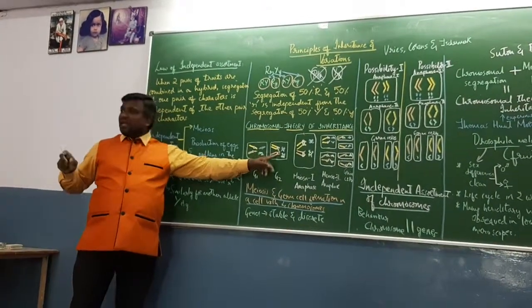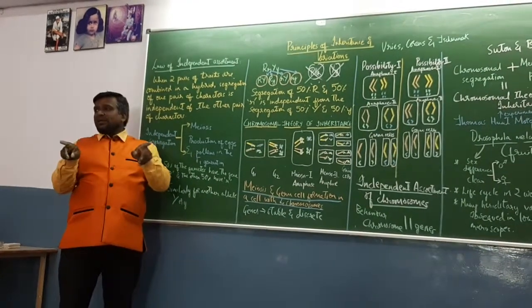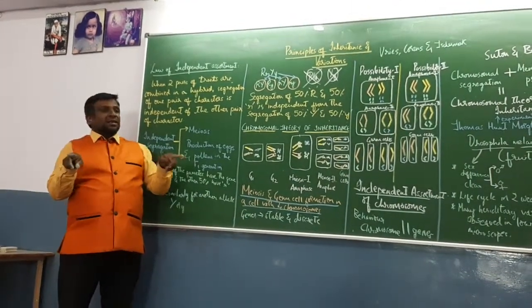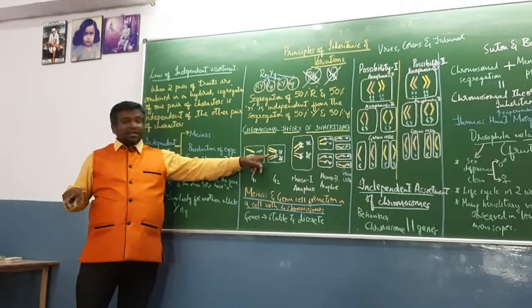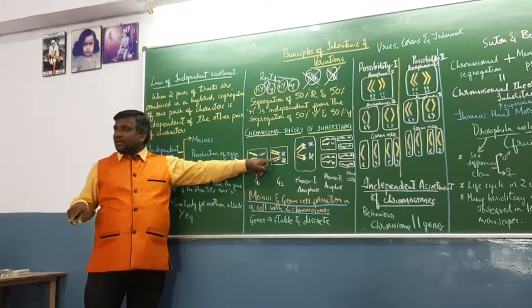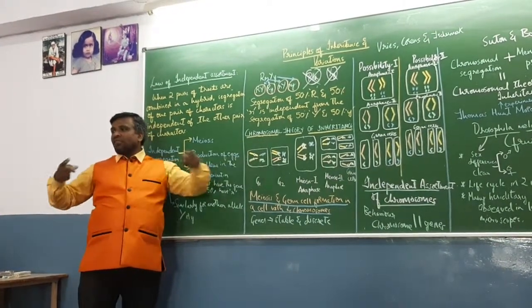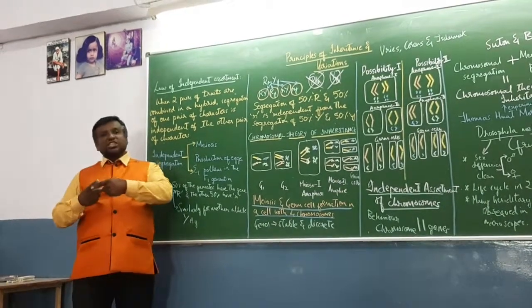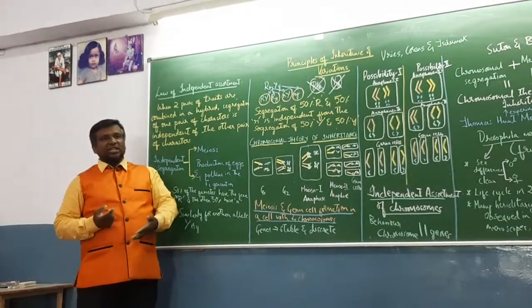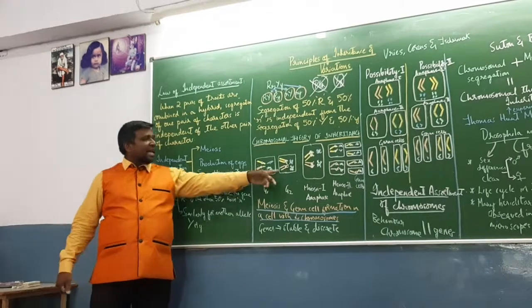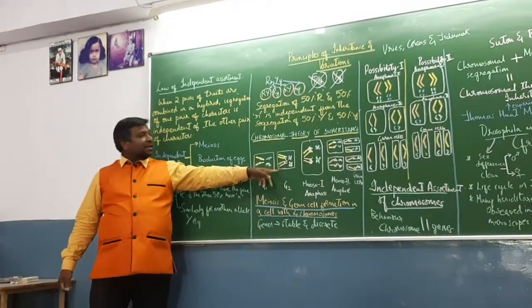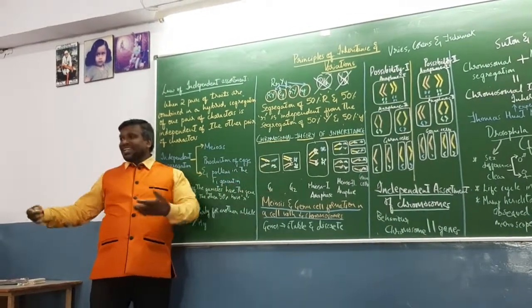Now each centromere has two arms for it, so we call them sister chromatids. Now this chromatid and this chromatid are non-sister chromatids. Always there is a crossover of non-sister chromatids. Meiosis, you studied last year only. From univalent they have become bivalent during this G2 stage after the synthetic phase.